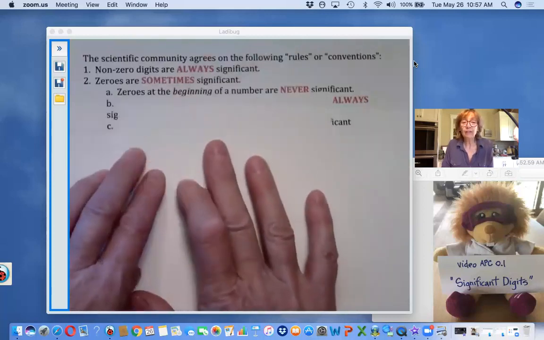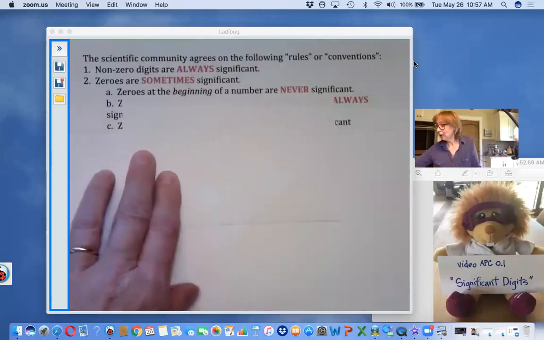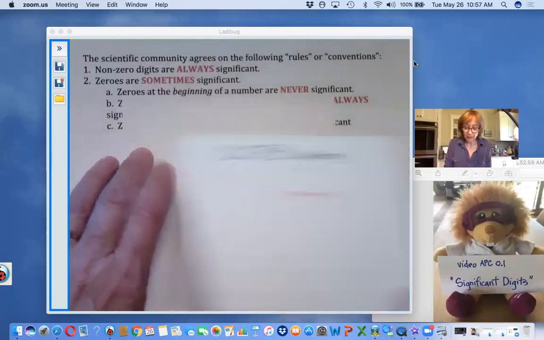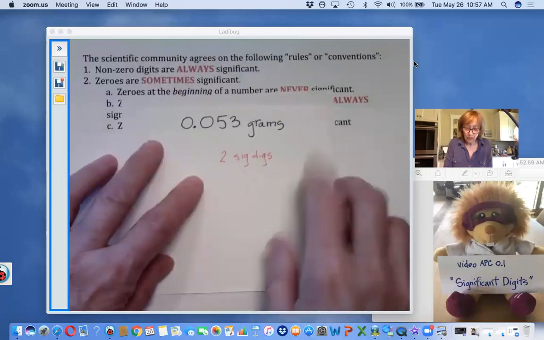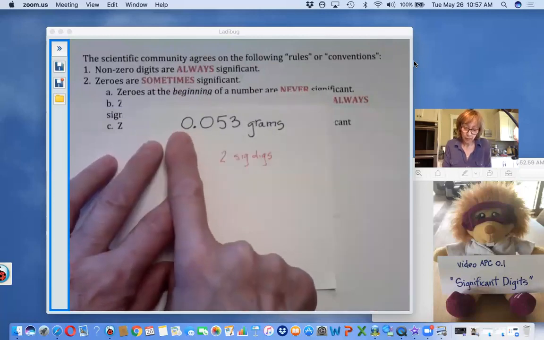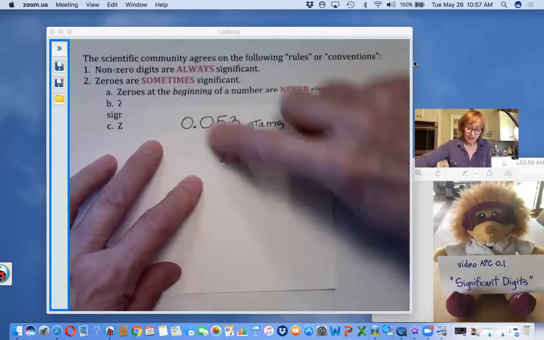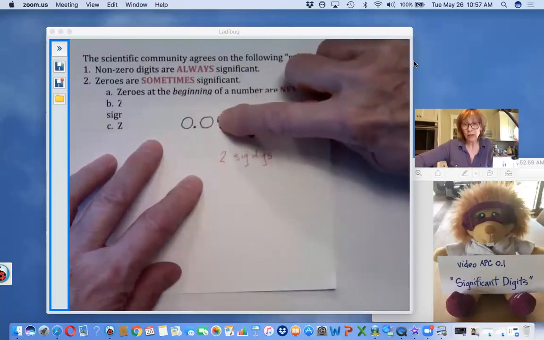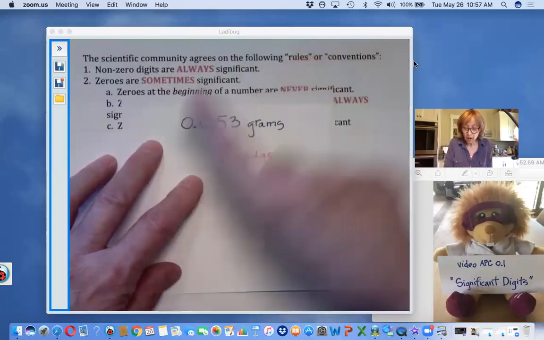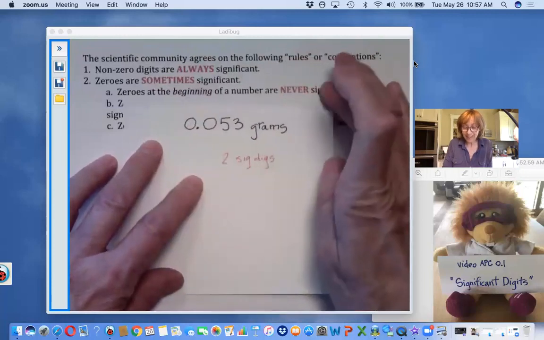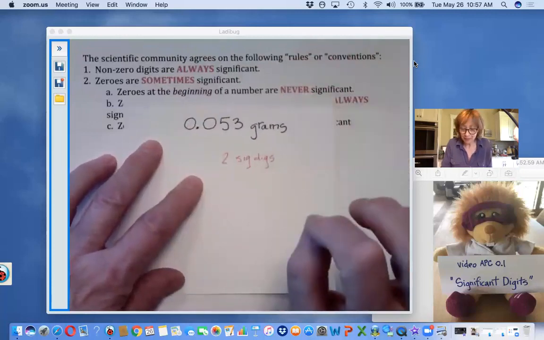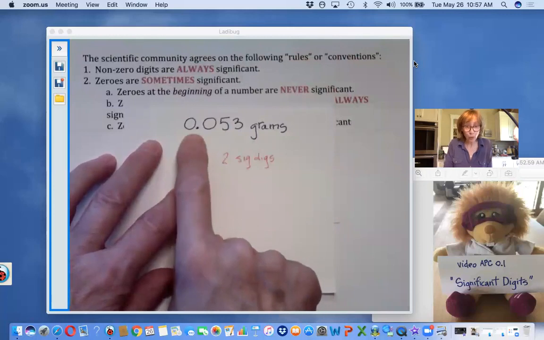Zeros at the beginning of a number are never significant. Here's an example. If your mass reading is 0.053, these zeros at the front, sometimes called leading zeros, are never significant. Now, please don't misunderstand me. I'm not saying that they're not important.